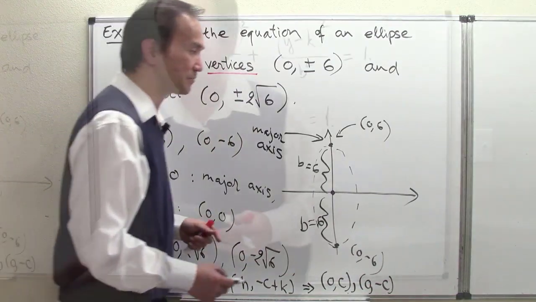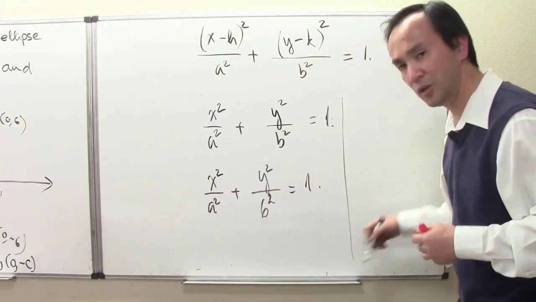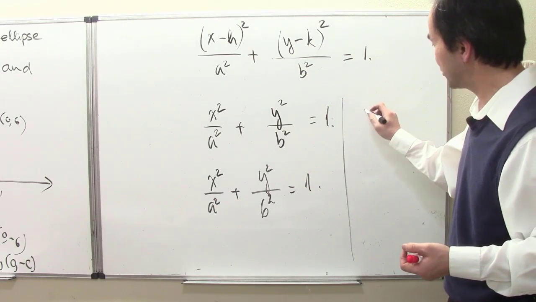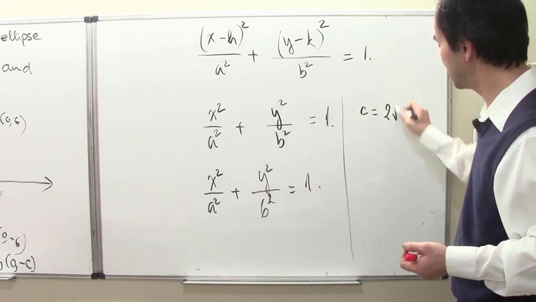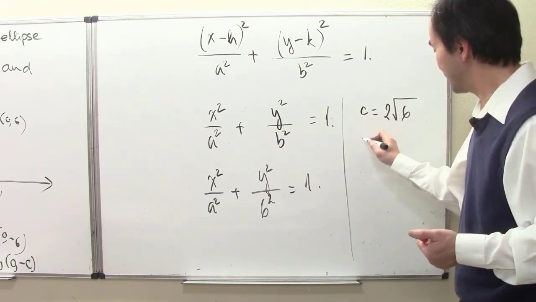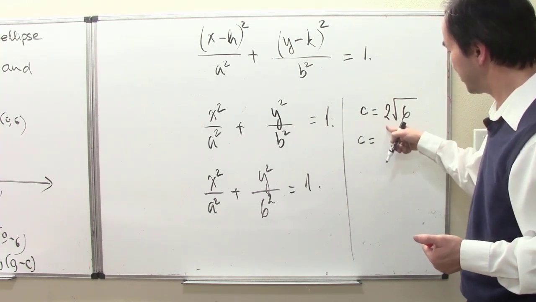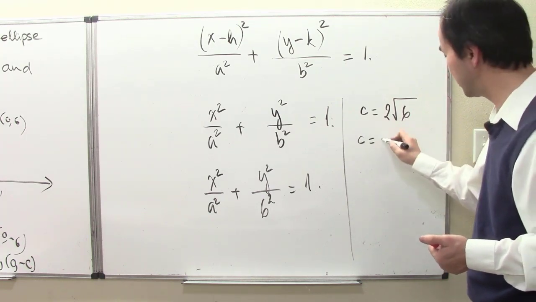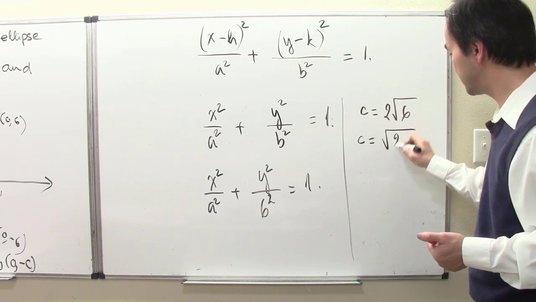So that leaves a little clue for us. Now c equals 2 square root of 6, or precisely, bringing that 2 inside the square root, we're looking at square root of 24.